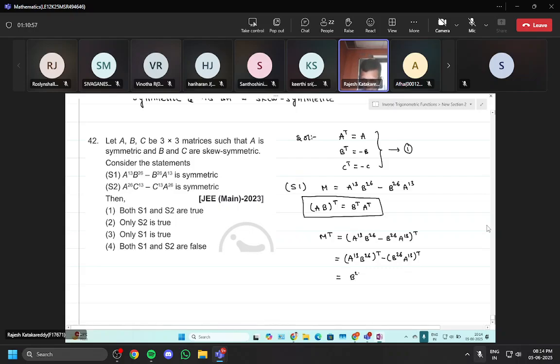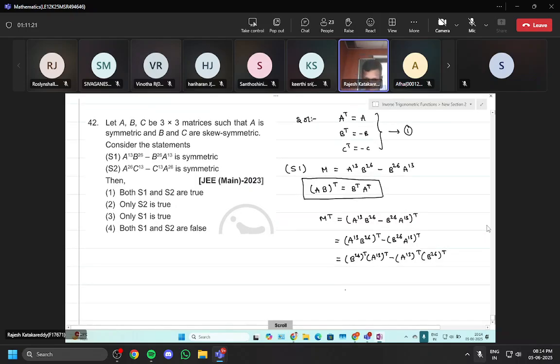This is B power 26 whole transpose into A power 13 whole transpose minus A power 13 whole transpose into B power 26 whole transpose. Right? Transpose and power n can be interchanged, so we are doing that. This is B transpose whole power 26 into A transpose whole power 13 minus A transpose whole power 13 into B transpose whole power 26.